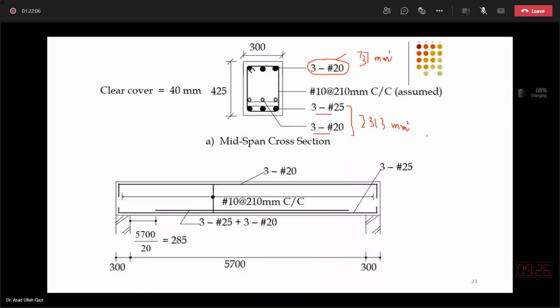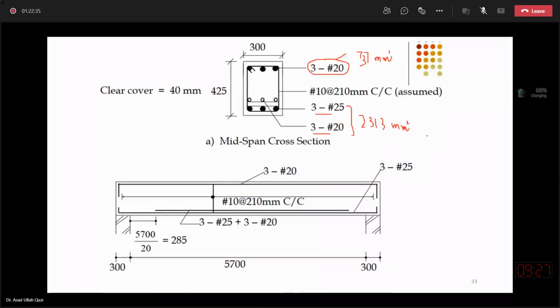Now, as a matter of fact, some students may have an argument at this stage. When I look at this sketch, it tells me that the top bars, if 40 is the mandatory cover, 10 millimeters is the tie, and I have 320 bars on the top in my selection.